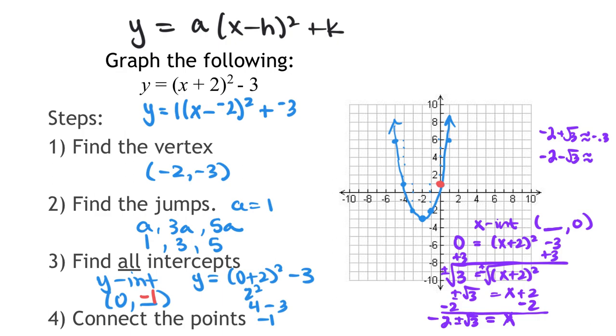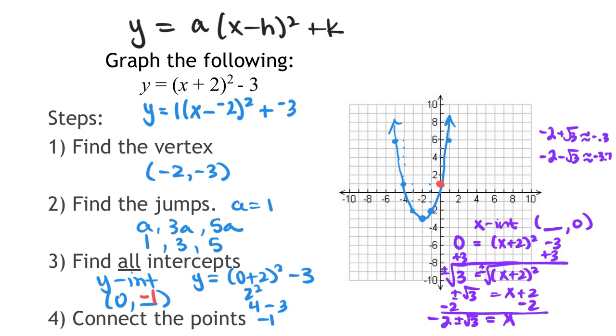And if you take negative 2 and subtract the square root of 3, you're going to get approximately negative 3.7. Those are decimals. But if you look at our graph, a negative 0.3 is pretty accurate to what we have here, and a negative 3.7 is in the ballpark of where we're looking for right here.